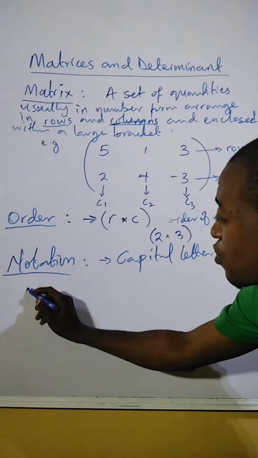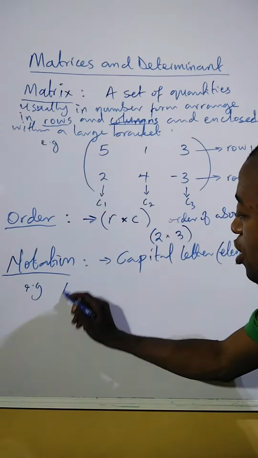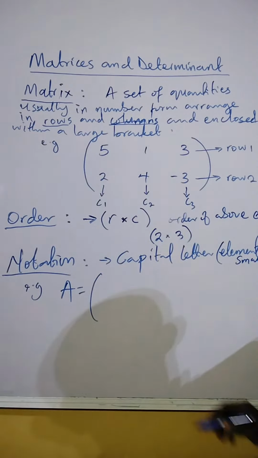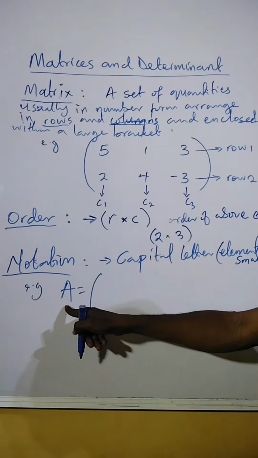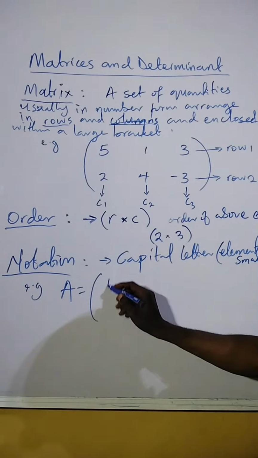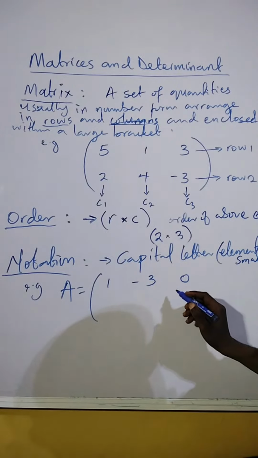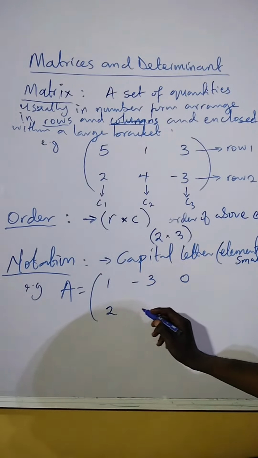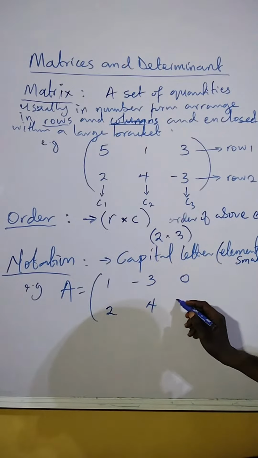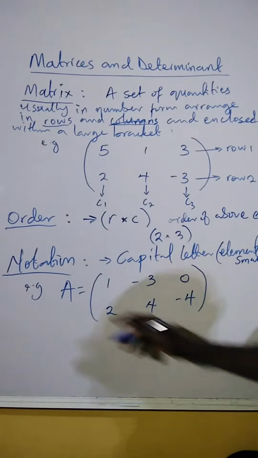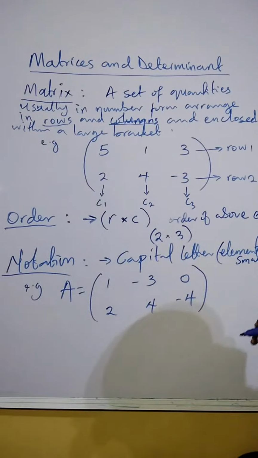Now let's give an example here. For instance, let's have a matrix A, using a capital letter, and the elements we have are 1, minus 3, 0, 2, 4, minus 4. These are the elements inside this matrix A. What is each of these elements saying?